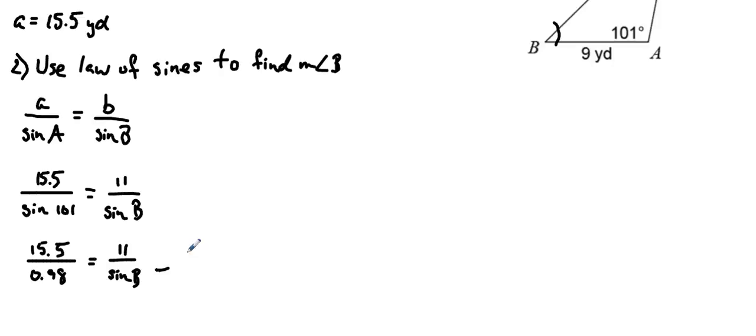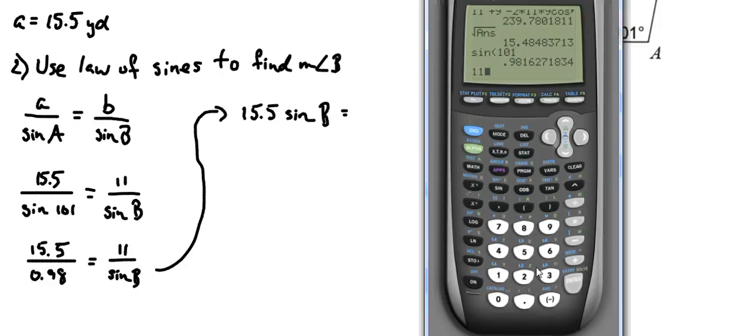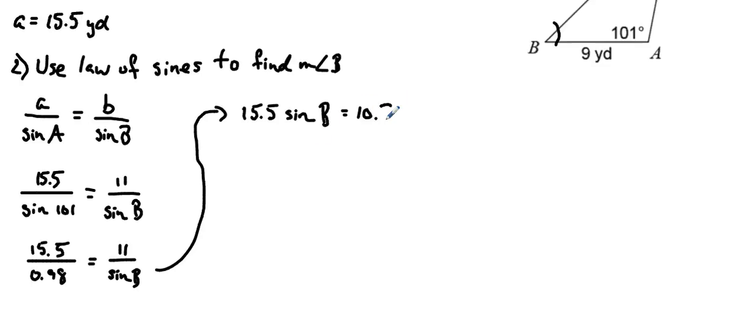So we're going to go ahead and cross multiply, and we will get 15.5 sine B equals, and let's do 11 times 0.98, and that'll give us 10.78. So let's go ahead and divide both sides by 15.5.